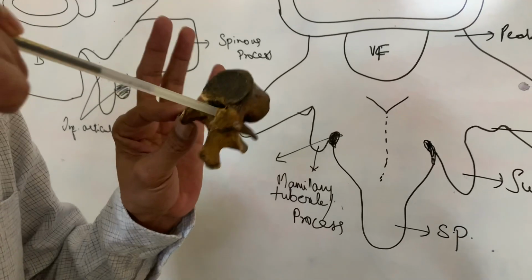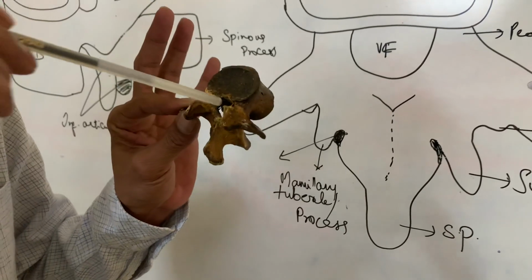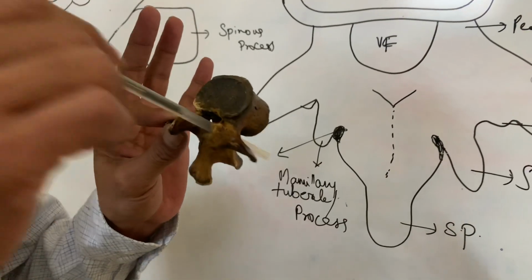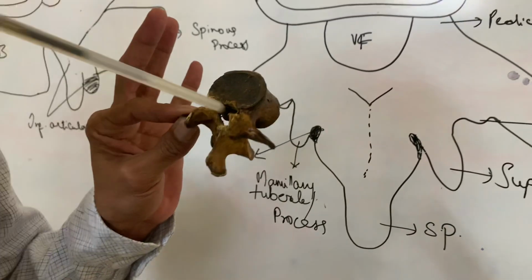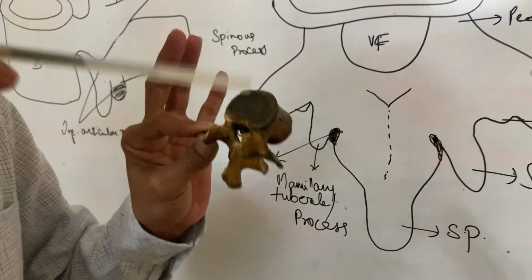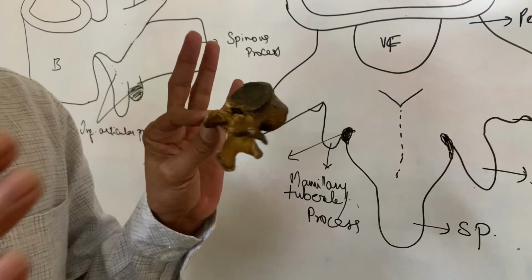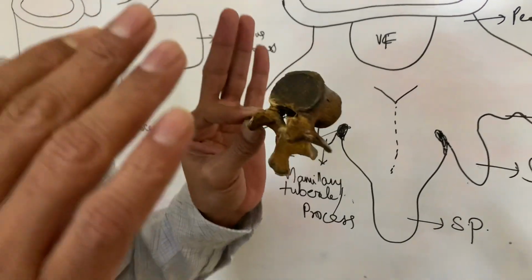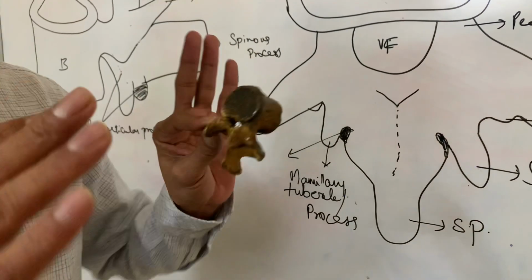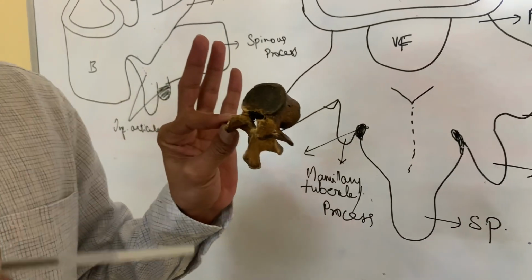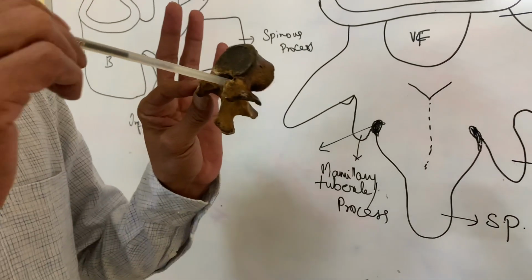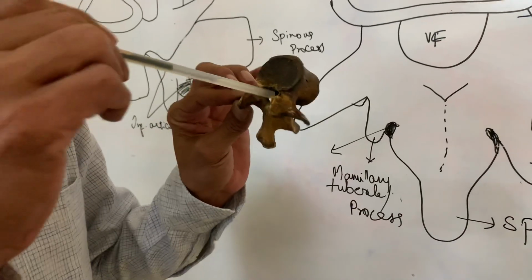From there it is continued as the filum terminale. That filum terminale passes through the vertebral foramen, and by the sides of it are the corresponding nerves in the form of a tail of a horse, which is called the cauda equina. All those are present here, surrounded by pia mater.